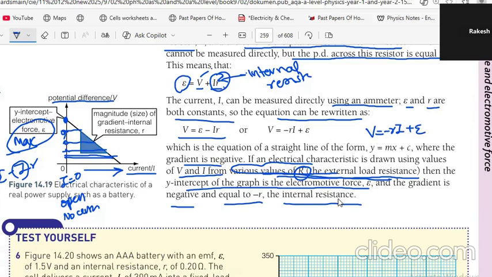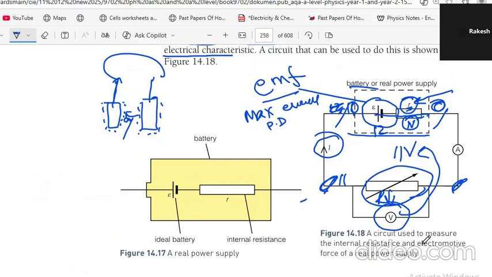Now had this been zero, then it would have been very easy. The EMF would be the potential difference, the same potential you will get always. You change R, you get a different I. But here it's slightly different. What you get from the battery itself changes depending on the current you are using.